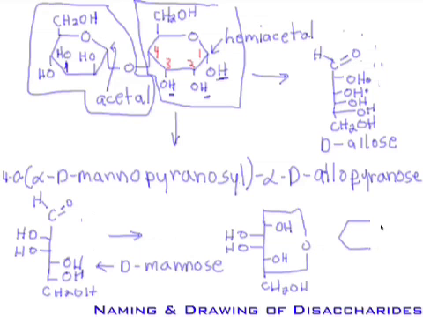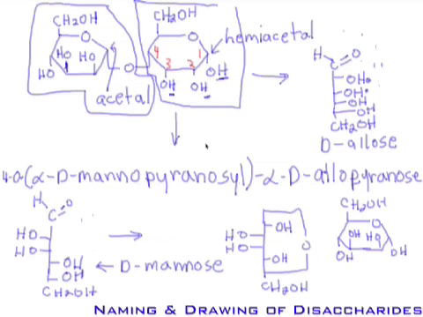Using my rules, right is below, left is above. Right is below, that's from the anomeric. Left is above. Left is above. Right is below. And so there is my alpha D mannopyranose, and I'd link that in.